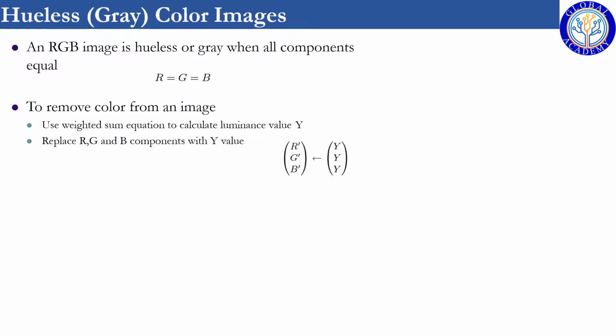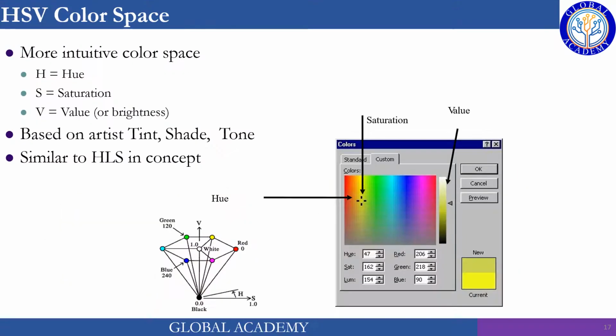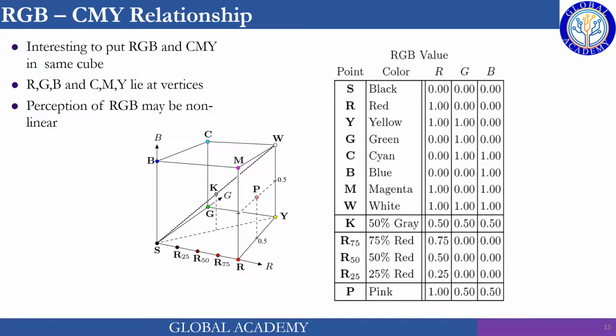So an RGB image is hueless or gray when all components are equal. You can observe the same concept in RGB space, like we have a black color over here and then white color over here, a black at the origin and white along the diagonal.